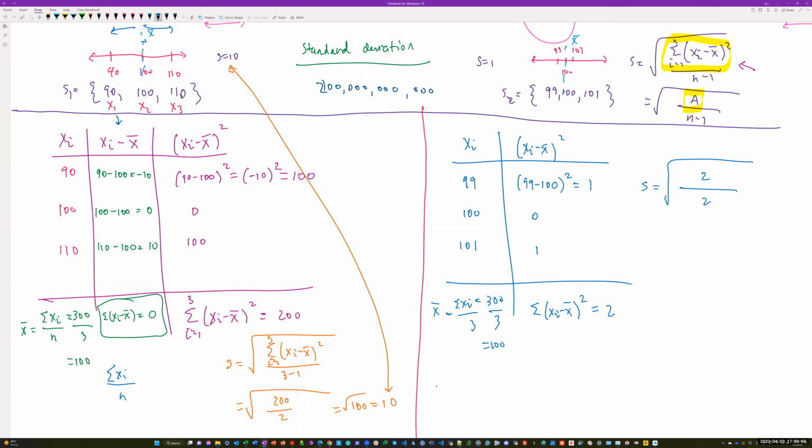So you get 2 over 2, then you get root 1, so you get 1. Does that make sense? And that was the answer we said at the beginning. Is that correct?